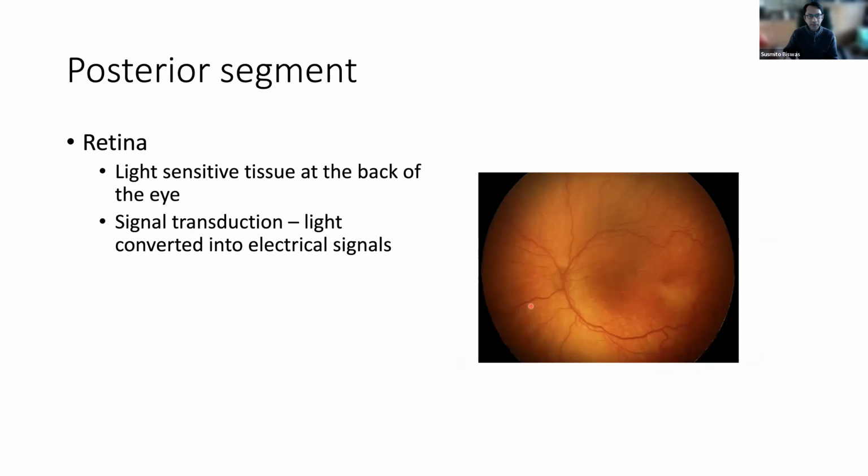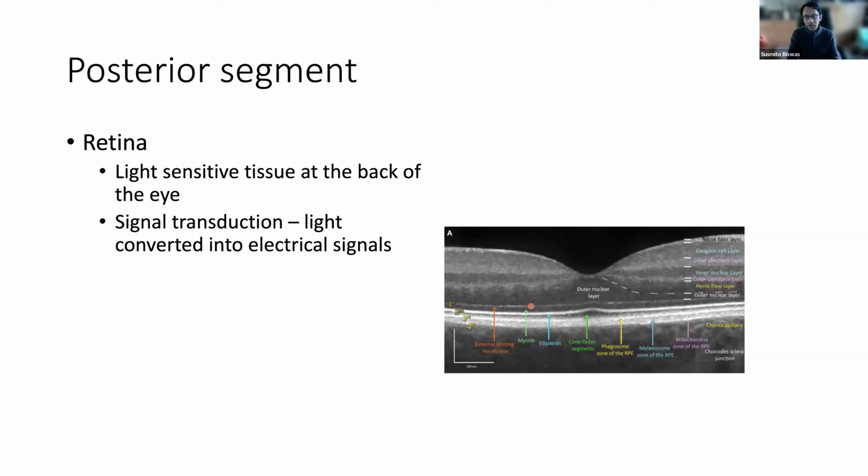And then moving on to the posterior segment again, the retina is this light sensitive tissue at the back of the eye, and it's involved in changing light into electrical signals. The retina has a very complex structure, as you can see from this optical coherence tomography scan of the back of the eye. There are various layers. This outer layer of the retina is principally the sensory part.